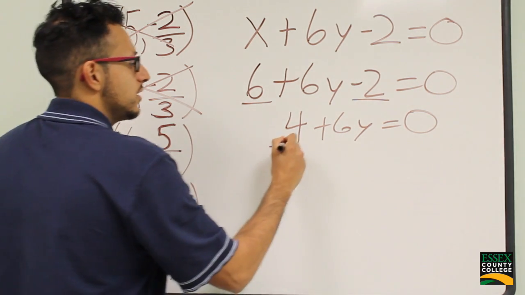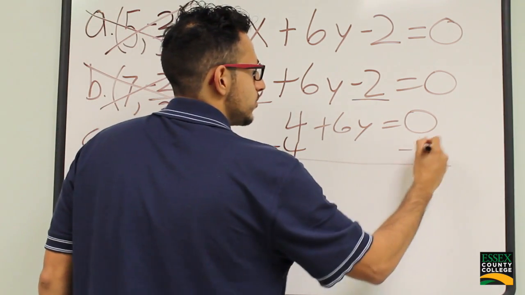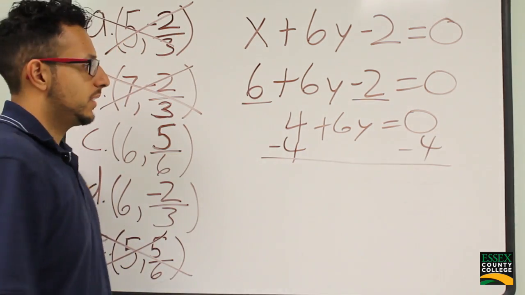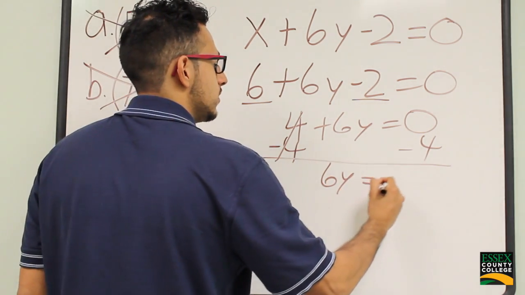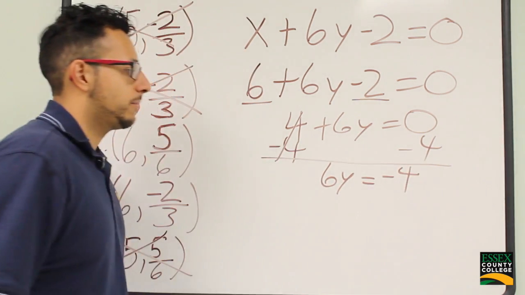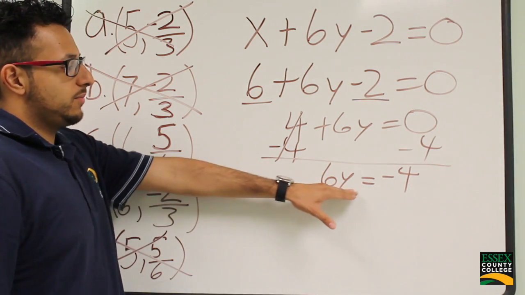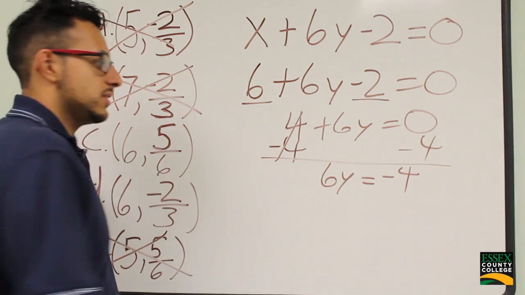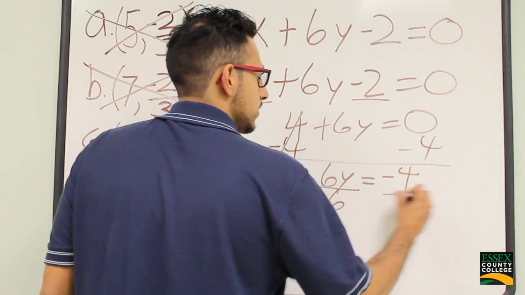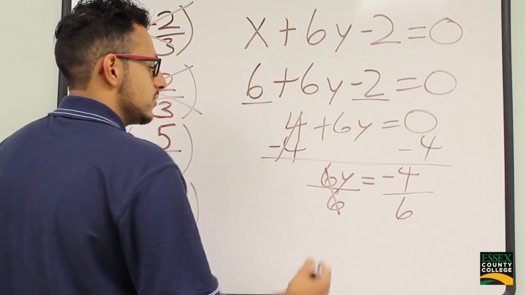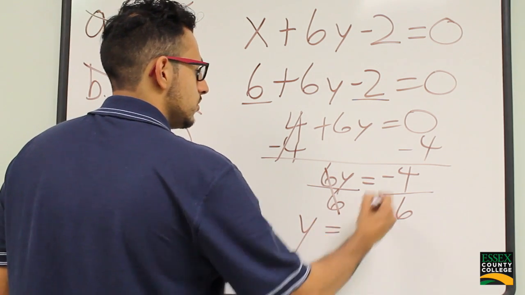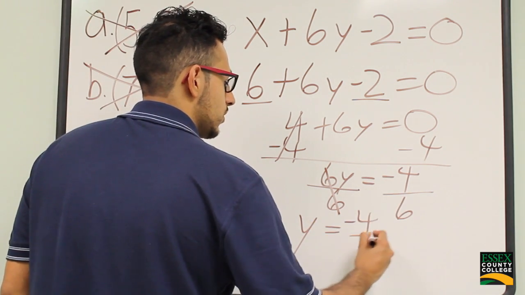Since it's positive, we're going to subtract 4 from both sides. 4 minus 4 is 0, we're left with 6y is equal to negative 4. Now 6 times y, we have to do the opposite, which is division, so we're going to divide by 6 to both sides. So 6 divided by 6 cancels out, we're left with y is equal to negative 4 over 6.